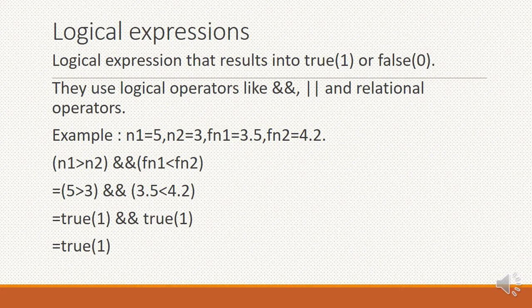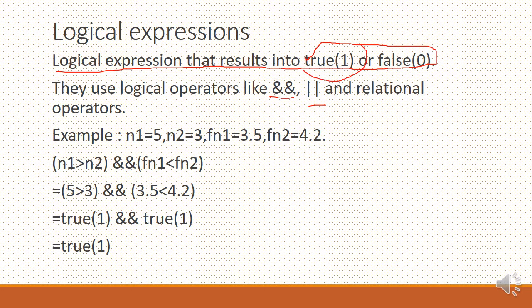Once again, these are logical expressions. What are the logical expressions? If we are writing expressions using these logical operators, then they are called logical expressions. But remember that logical expressions give the result as true or false.